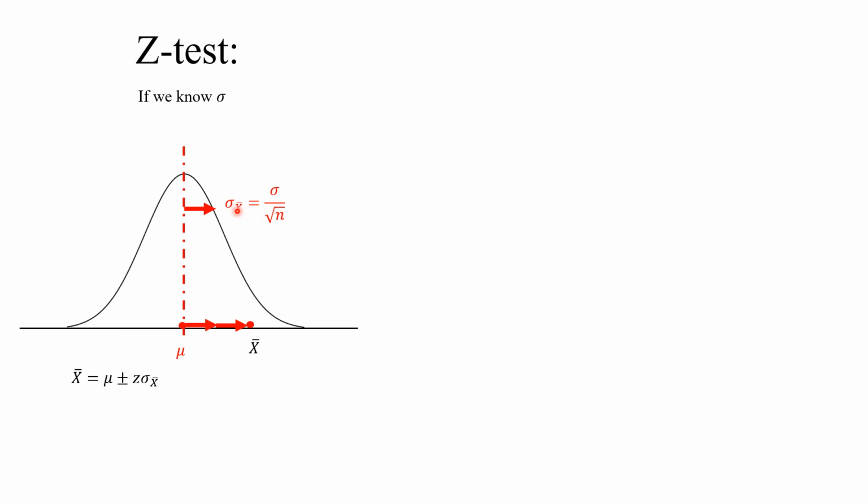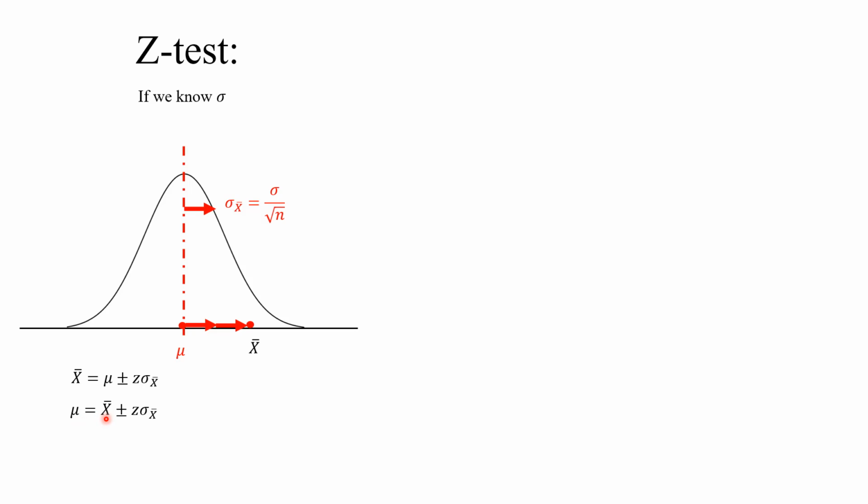Our standard deviation of the mean, we already presented the relation between the two, would be our standard deviation of the population divided by the square root of the number of data in our sample. This equation, we can rewrite as a function of mu because we are interested in finding the mean value, not just our sample mean.